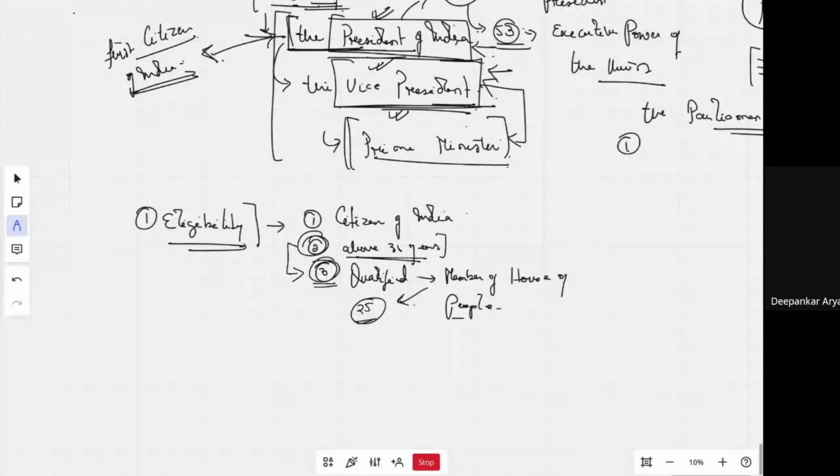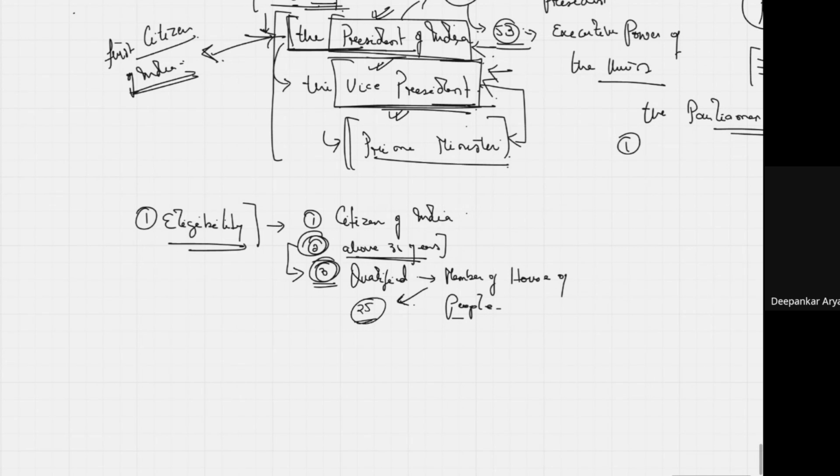Mismatch in the sense that what is the need to say that he or she must be qualified to be elected as a member of House of People, if we are talking about 35 years as a minimum age? Okay.